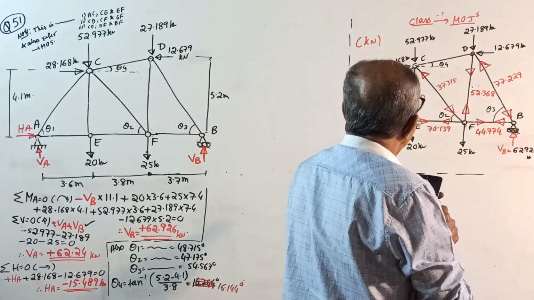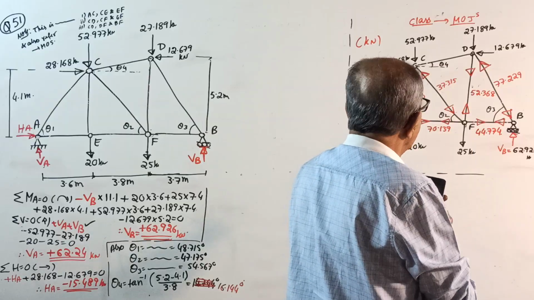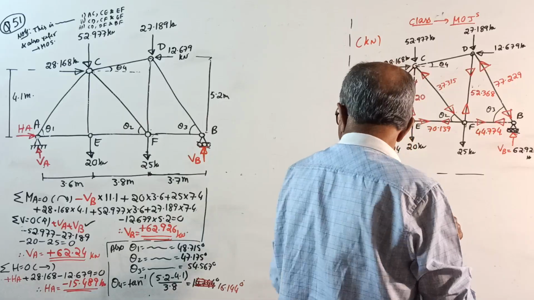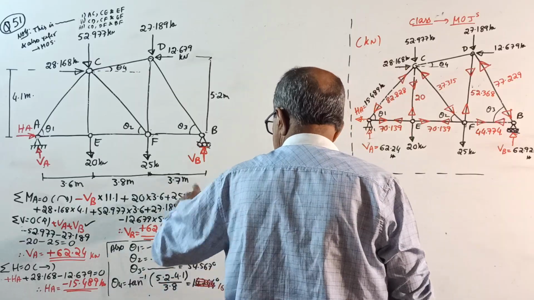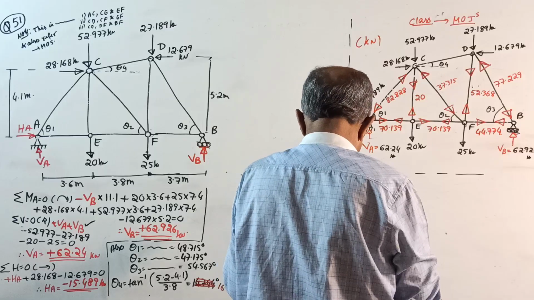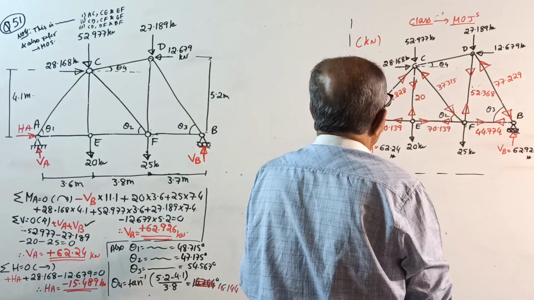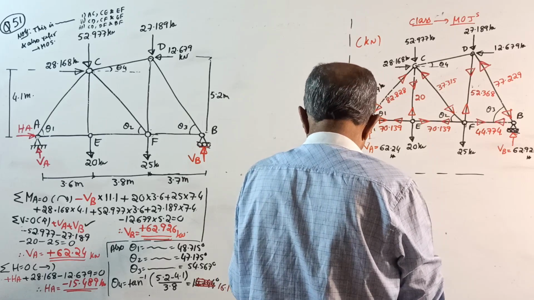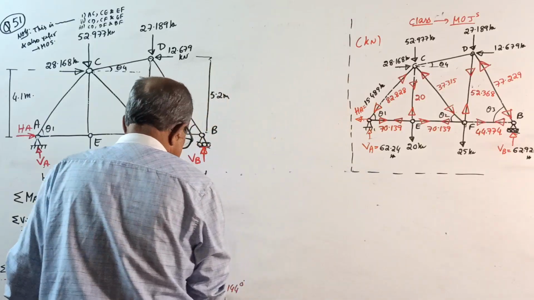Then anything else? Yes, one minus 77.229 into sine of theta 3, which is 54.567. Whatever I got, divided by sine of 16.144. See, this angle is wrong.